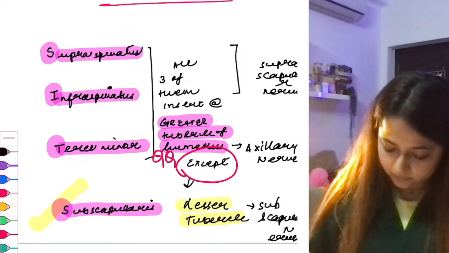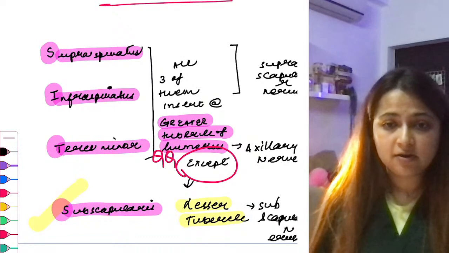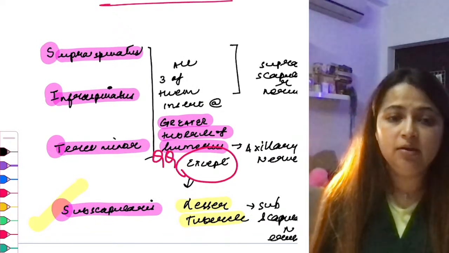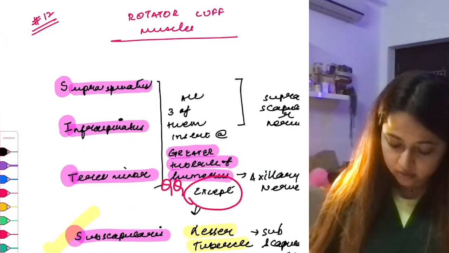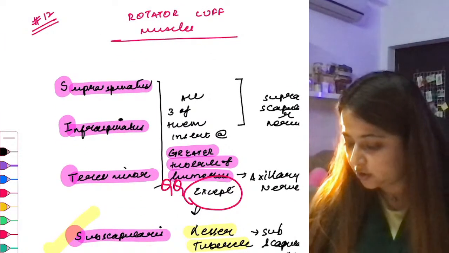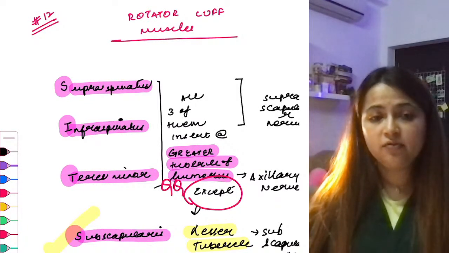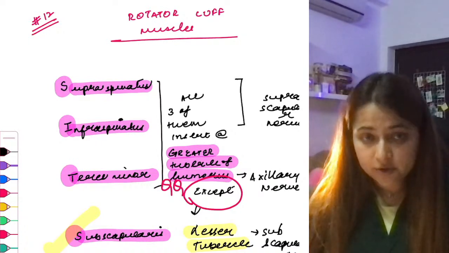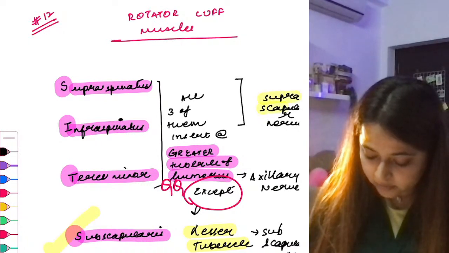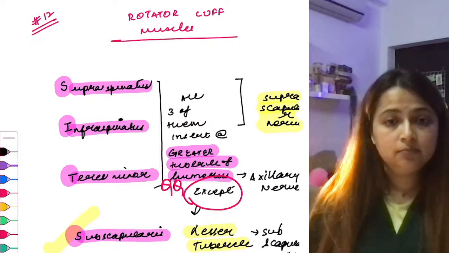All right. Now, teres minor you already know, that is innervated by the axillary nerve along with the deltoid. Now, what is the nerve supply of supraspinatus? I just told you. I told you the nerve starts with supra, but that is scapular. So the answer to this question is suprascapular nerve.